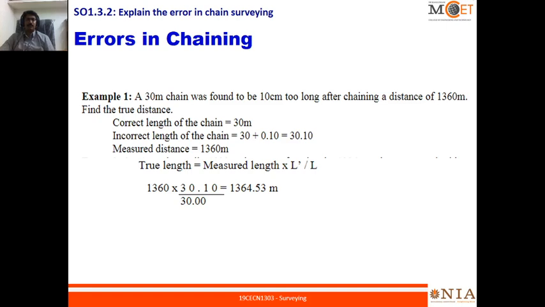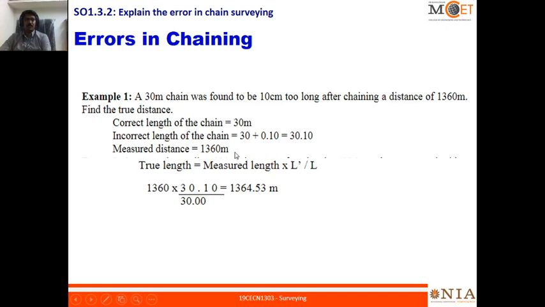Then the actual length of the chain is 30 plus the 10 centimeter converted to meter, divided by 100, so it is 0.1. The incorrect length is 30.10 meter. Based on the 30 meter chain consideration, we measured a distance of 1360, which is the given data, but it is not right. We have to determine the true length.